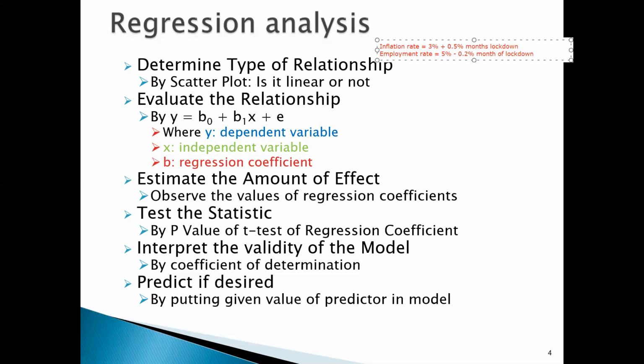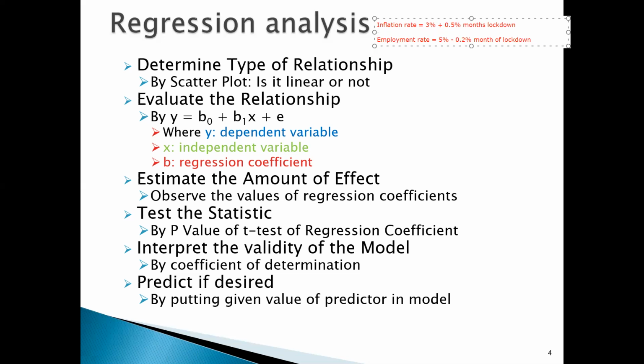So in these two equations, inflation rate and employment rate are our dependent variables, which are the y's. The b naught are 3% in equation 1 and 5% in equation 2, while the b1 are 0.5% in equation 1 and 0.2% in equation 2, while the months of lockdown are our independent variable, which is x here.